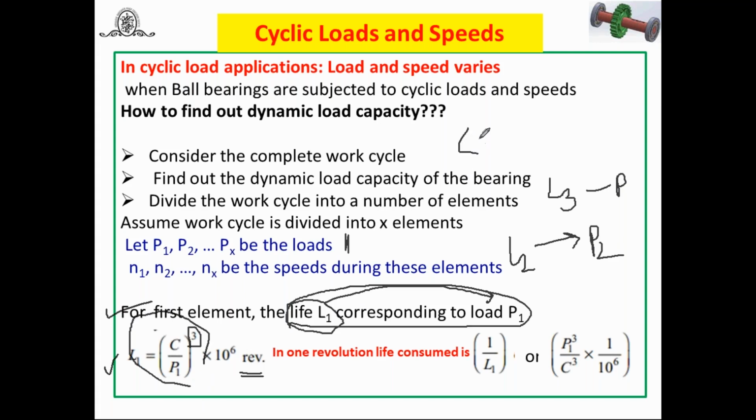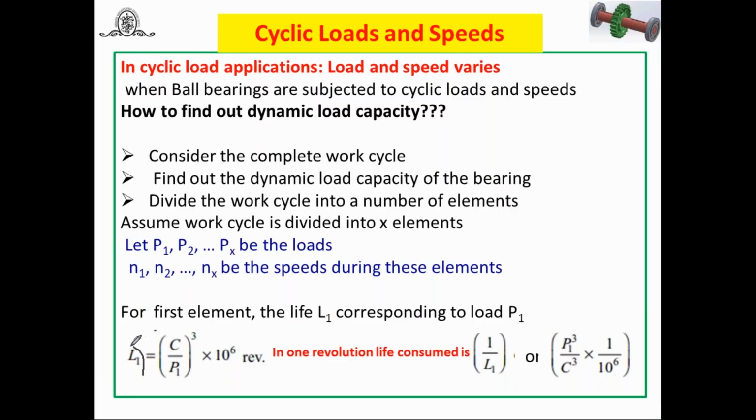What is the load life relationship? L is equal to (C upon P) raised to 3, or 10 by 3 for the roller bearing. That's why this equation is written. For element 1, suffix 1 is used for L, and suffix 1 is used for load P. But we know that in one revolution, the life consumed by this element 1 is 1 upon L1.